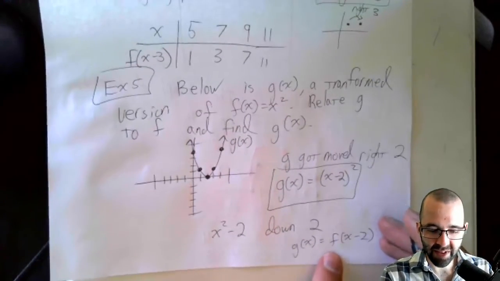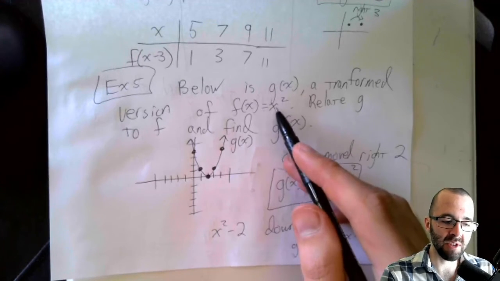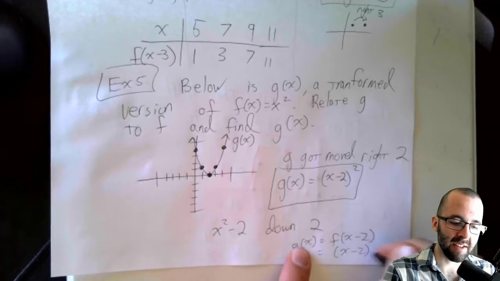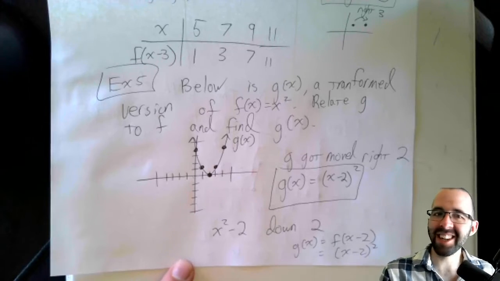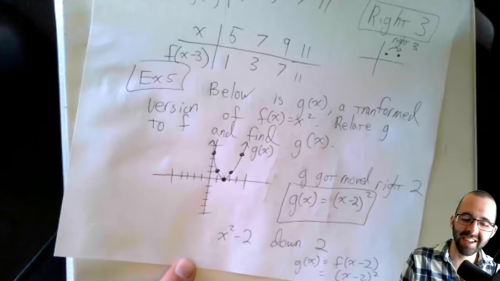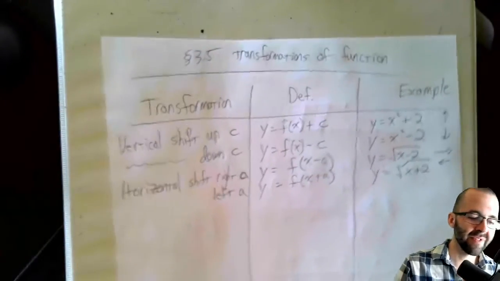Remember this? That means we just plug in x minus 2 into f, which is the squared function. So it becomes (x minus 2) squared, like this. It all ties together. What a coincidence that we're doing this right after function composition, because all of this is just function composition.